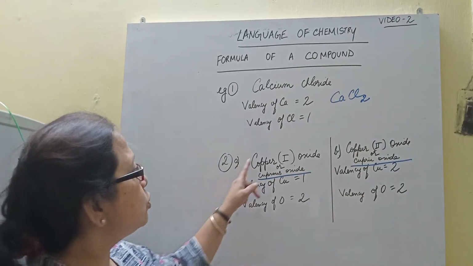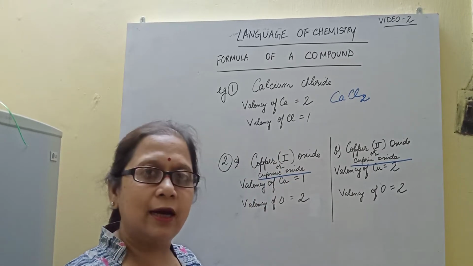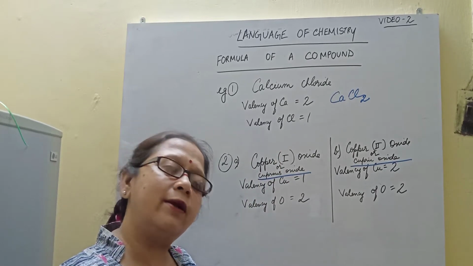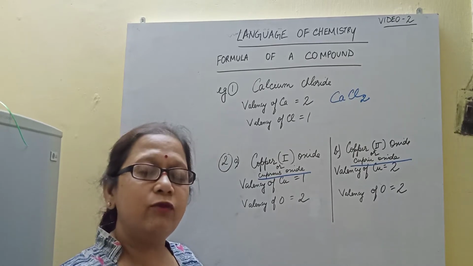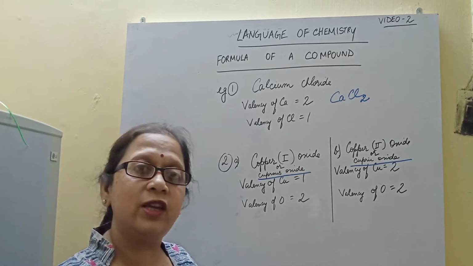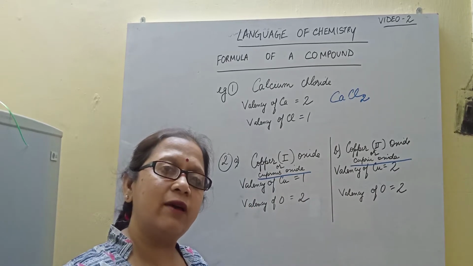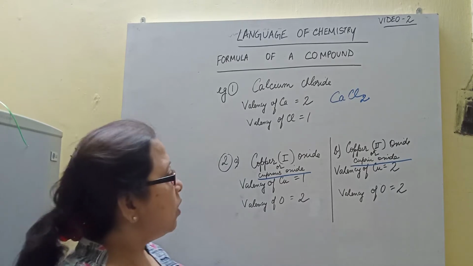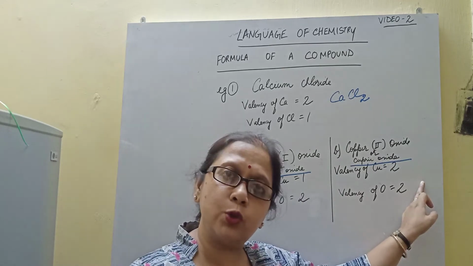Now come to copper oxide. I told you in the last class that there are certain elements which have more than one valency, which we call elements having variable valency. So copper is one such element. One of its valencies is 1, the other valency of copper is 2.